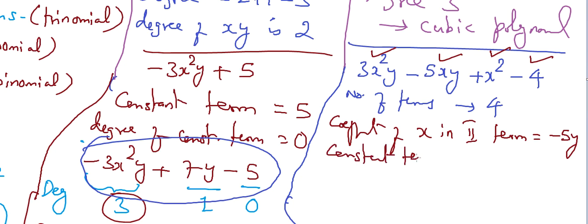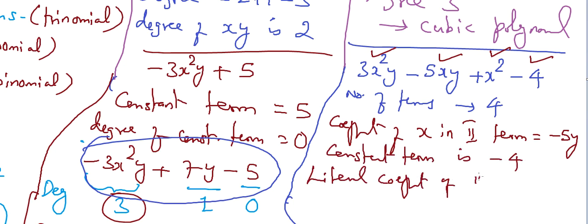So what is the constant term in this polynomial? It's minus 4. What is the literal coefficient of the second term? What is the variable part, right? So xy.